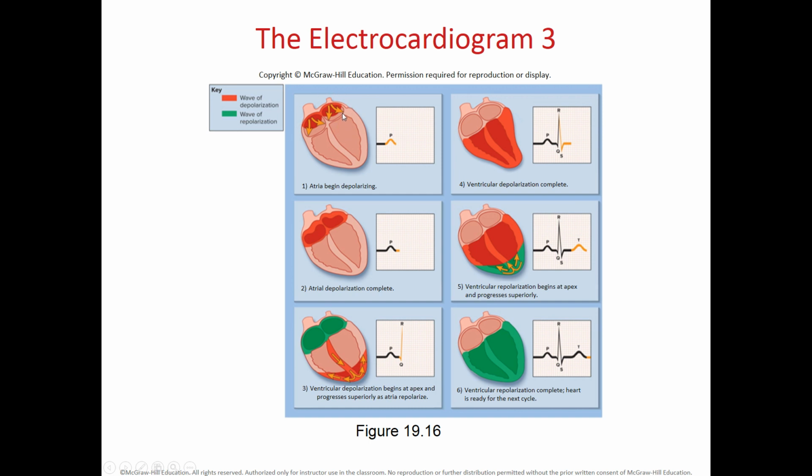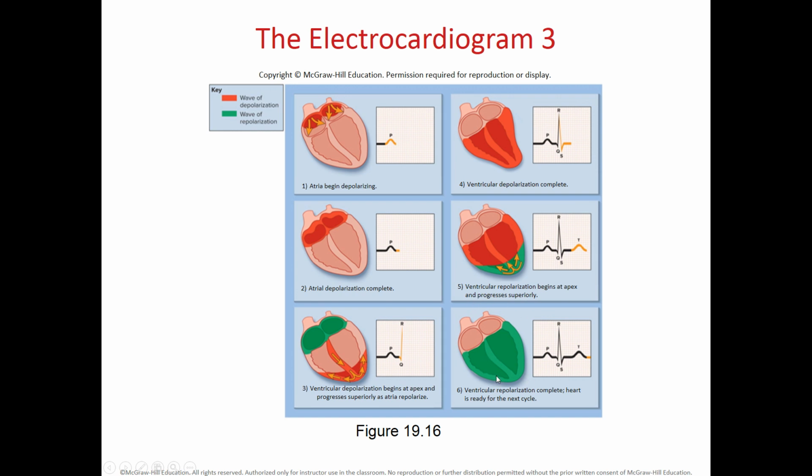So in here, the atria starts to depolarize, so you form the P wave. And then the QRS forms when you have this ventricular depolarization. Okay, and then P, QRS, and T means that the T is repolarization of the ventricles.